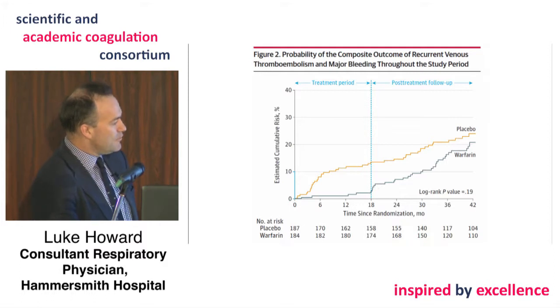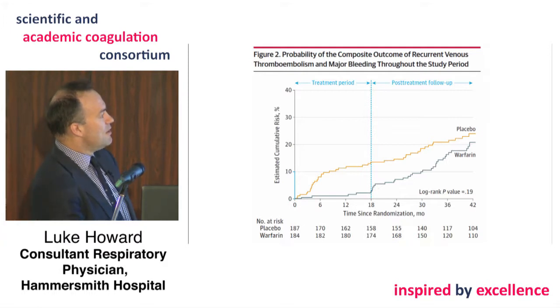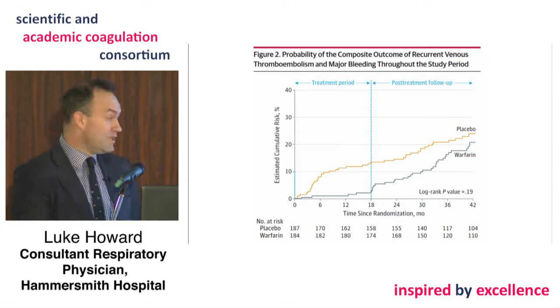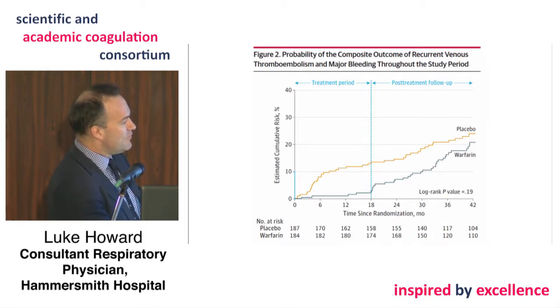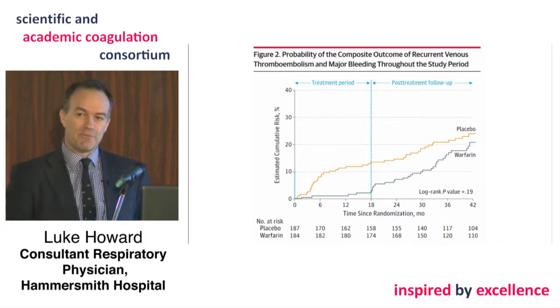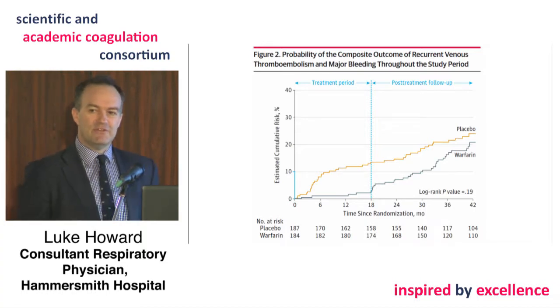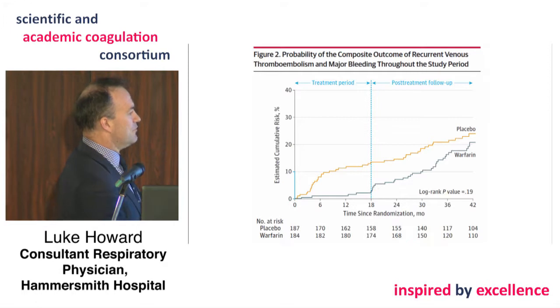And what this shows is if you extend anticoagulation from 6 months out to 2 years, the recurrence rate is significantly reduced. And this was a composite endpoint of recurrent VTE and major bleeding, so it's taking everything into account. Then if you stop at 24 months, what's interesting is this group almost catches up with placebo. It's almost like they were predestined to get their recurrence.